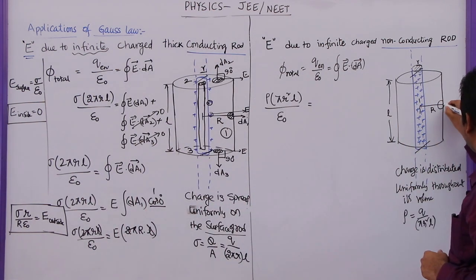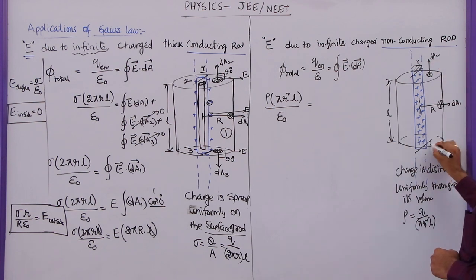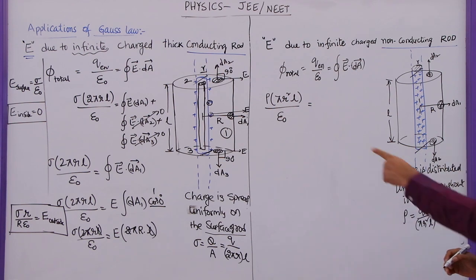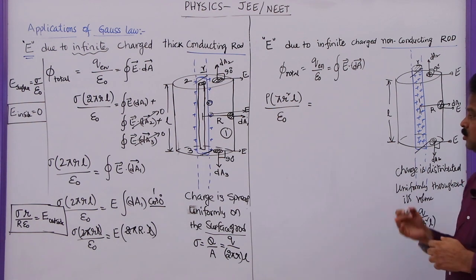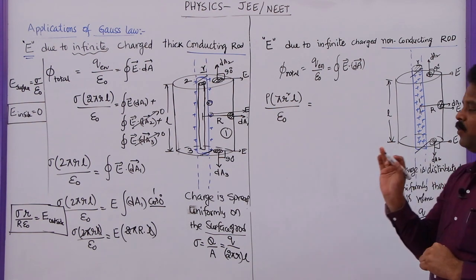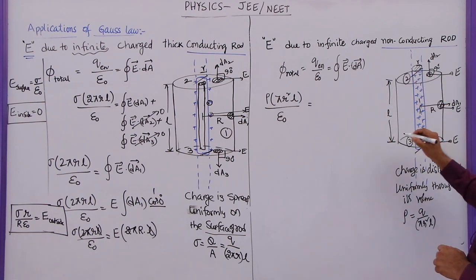Here we have three different surfaces: one curved dA1, one circular dA2, and one more circular plate at the bottom, dA3. And the same procedure applies here: electric field and area vector are perpendicular for the circular ends, but for the curved surface electric field and area vector are parallel to each other. So I am not going to consider phi 2 and phi 3, that is, the flux through the second surface as well as through the third surface will be 0.